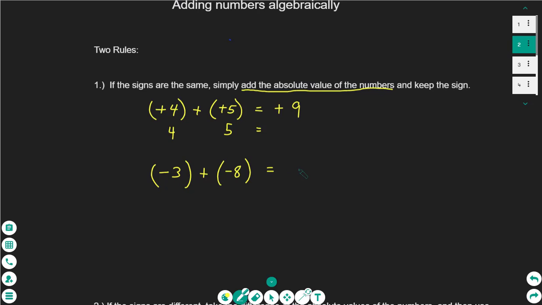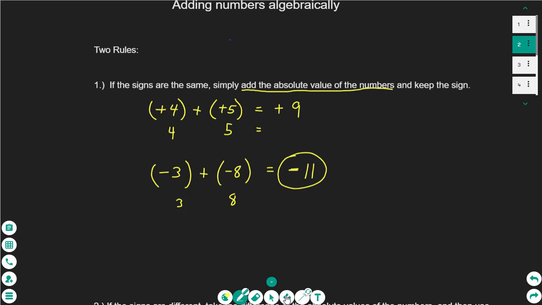Life is wonderful. They both agree that it's negative, so we're going to keep that negative in the answer. Now we need to take the absolute value of these two numbers. The absolute value of a negative 3 is 3. The absolute value of a negative 8 is 8. We'll add those two absolute values together to get 11, thus getting the answer negative 11.